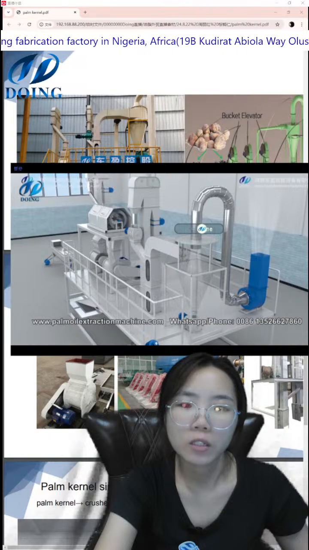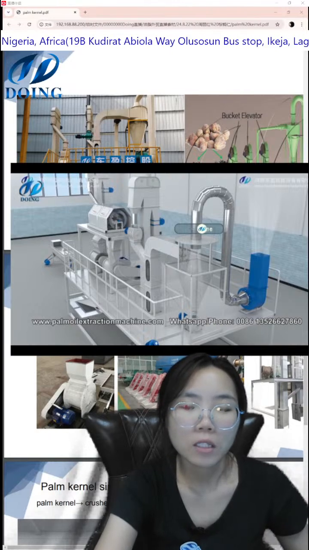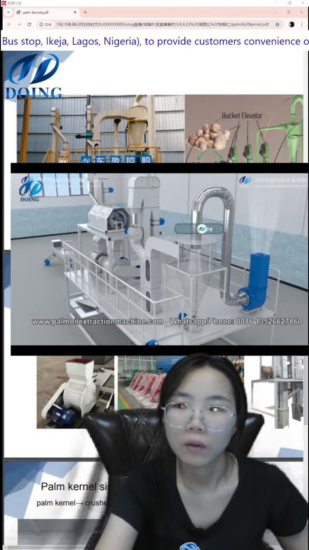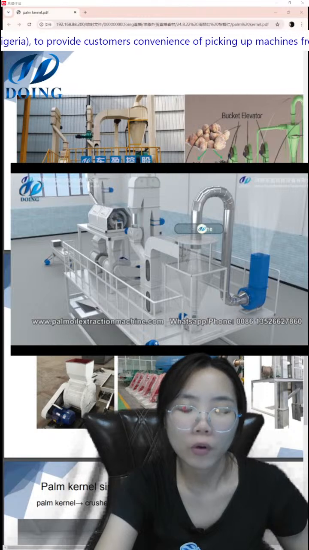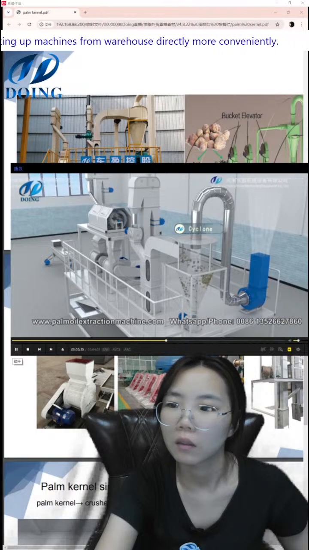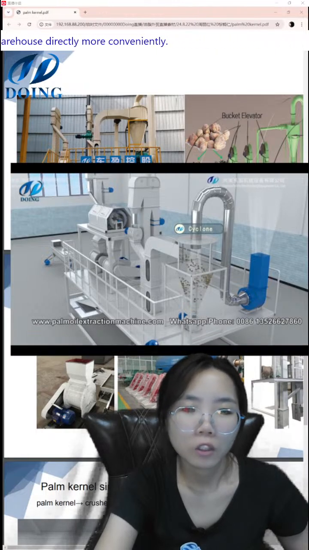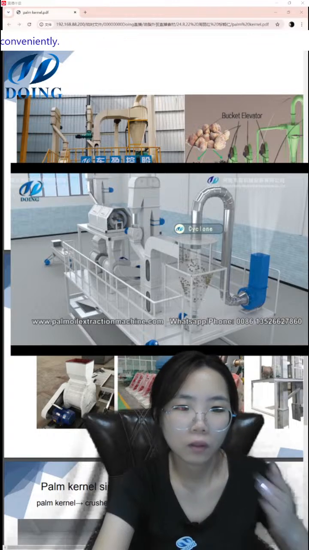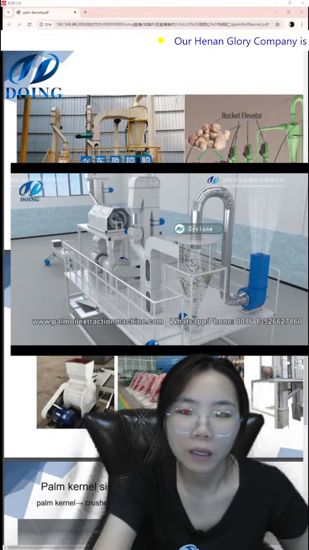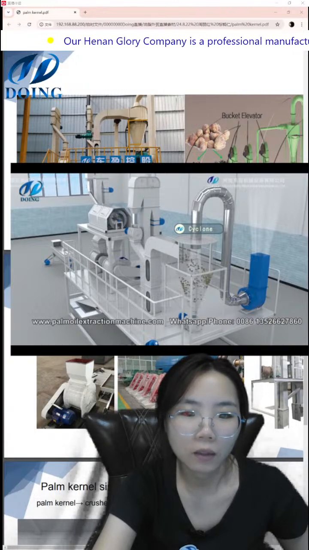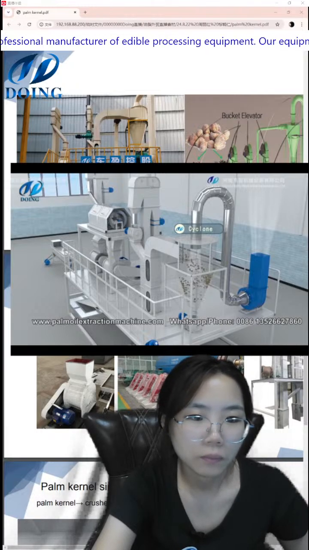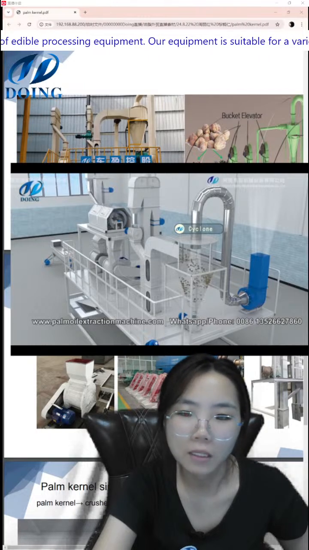We can see this machine. This machine is a cyclone, which is connected to an internal fan to draw the shell outward. The shell will be sucked into a cyclone collector, then discharged from the outlet. The cylinder and cone design avoid the shell flying anywhere, making a clean processing environment.